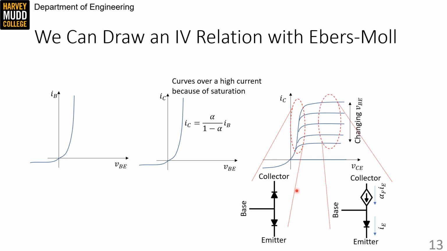The right side of this plot shows the current remaining stable as VCE changes, which is consistent with our forward active model. In the forward active model, the current source prevents changes in the collector voltage from affecting the current at the base or the emitter. The level at which the current flattens out is set by VBE, which is also consistent with this model because IE here is determined by our base emitter voltage.